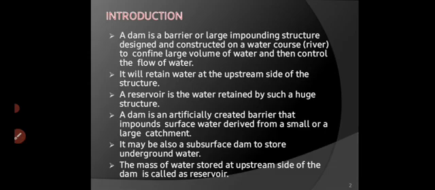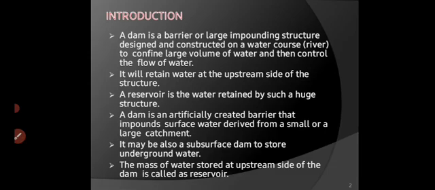A reservoir is the water retained by such a huge structure. So by constructing a dam, a reservoir is created upstream of the dam, which stores water. A dam is an artificially created barrier that impounds surface water derived from a small or a large catchment.